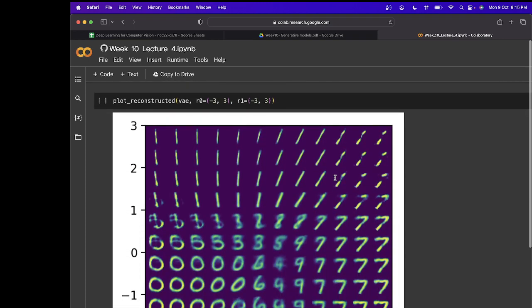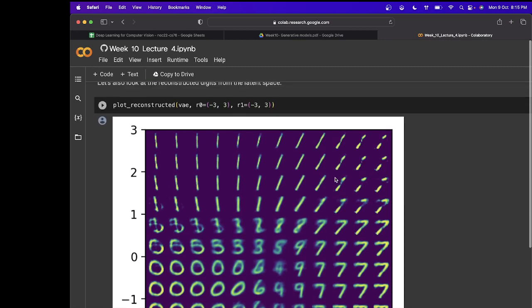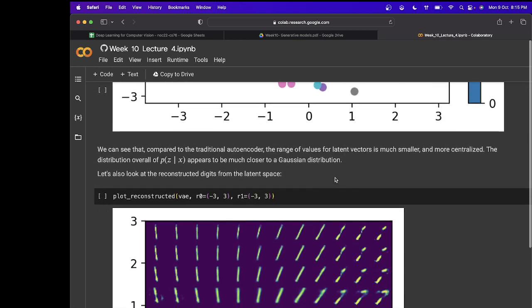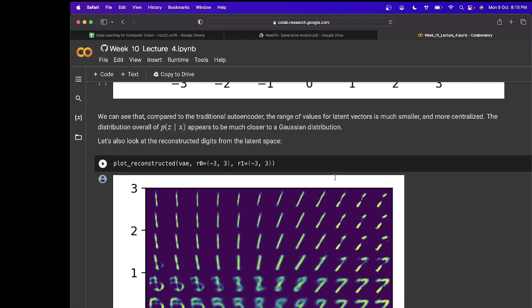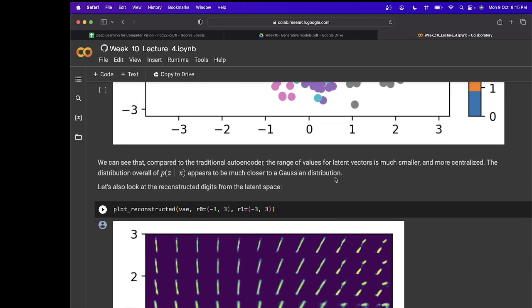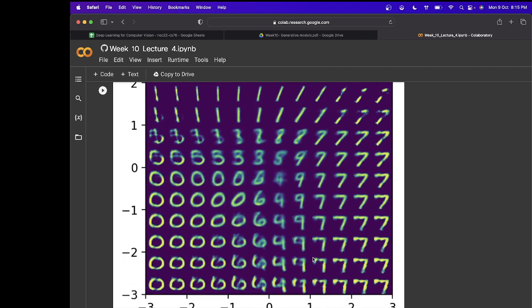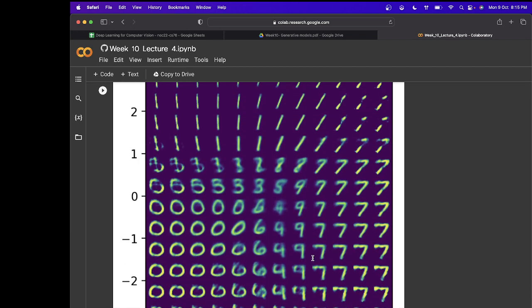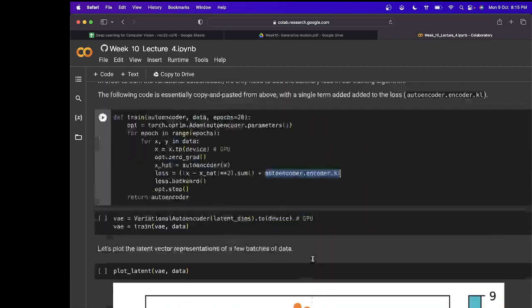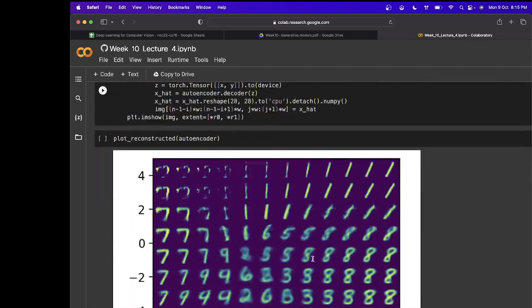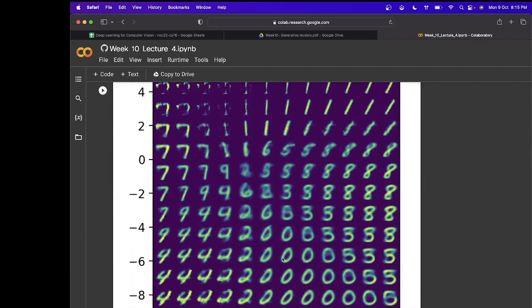And again, we are plotting the reconstructed images from the Zs which we sample, and these are the images that we are getting. Again, not all of them are very clear, but if you compare with this, so this is the variational autoencoder.